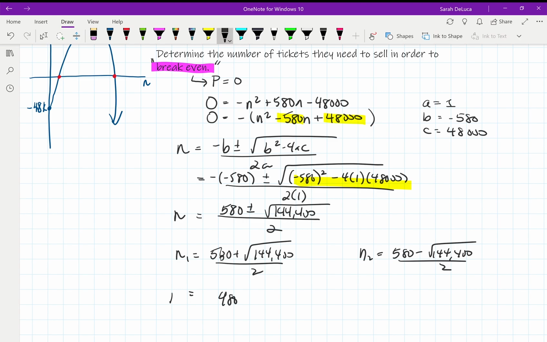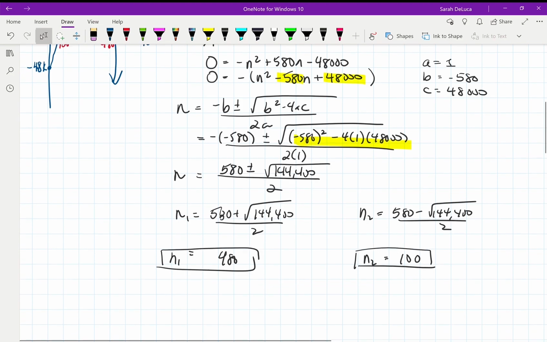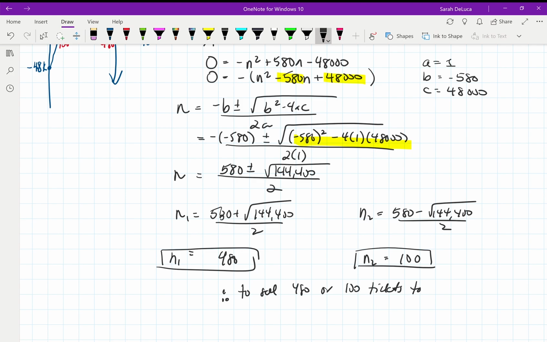There's one of my x-intercepts, and the other one is going to be 100. If I go to my graph, that would be 100, and that would be 480. So those two answers are applicable here. This is the number of tickets, so therefore they need to sell 480 or 100 tickets to break even.